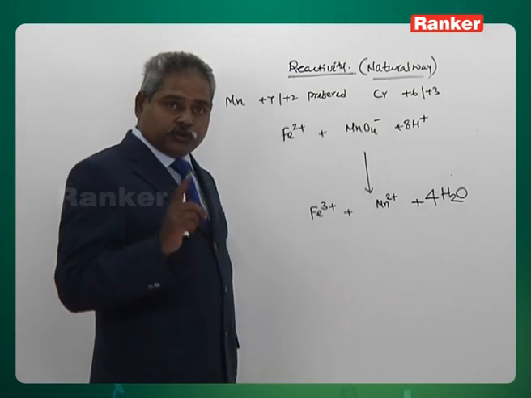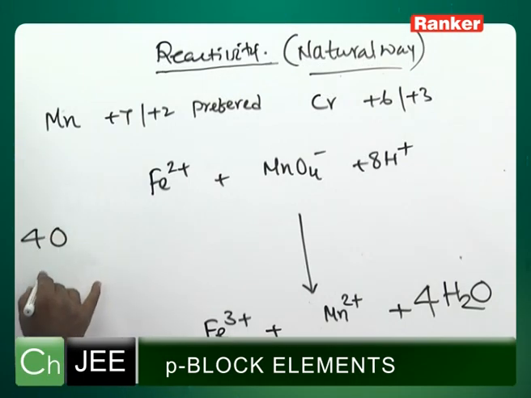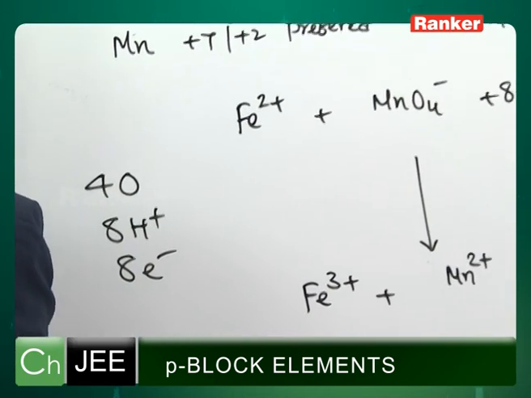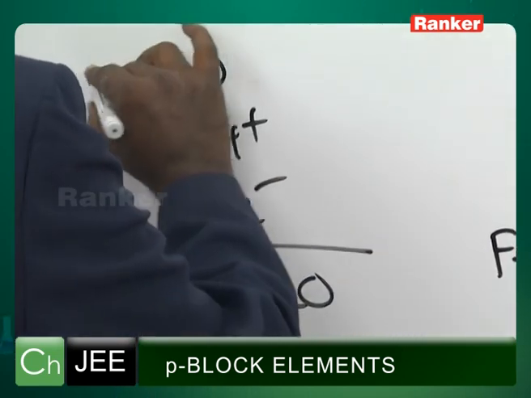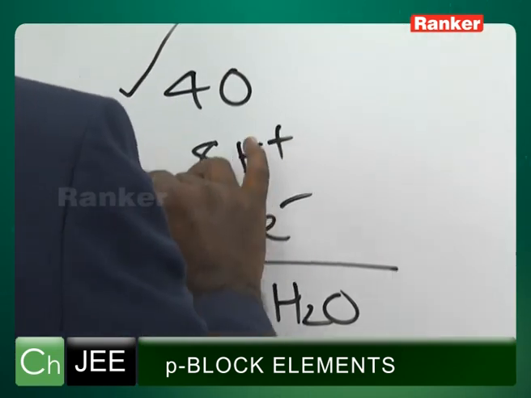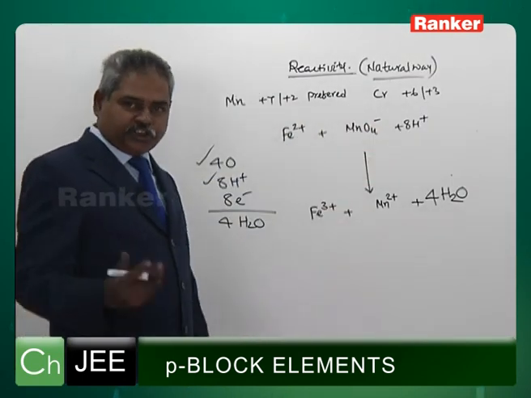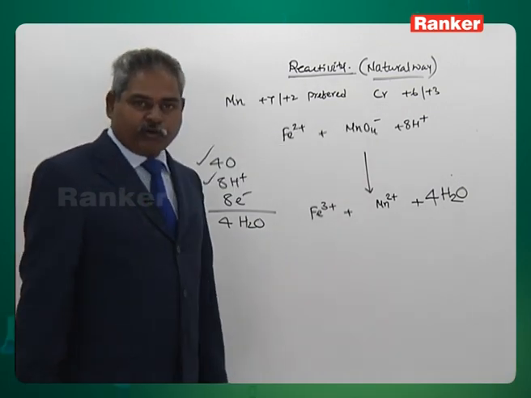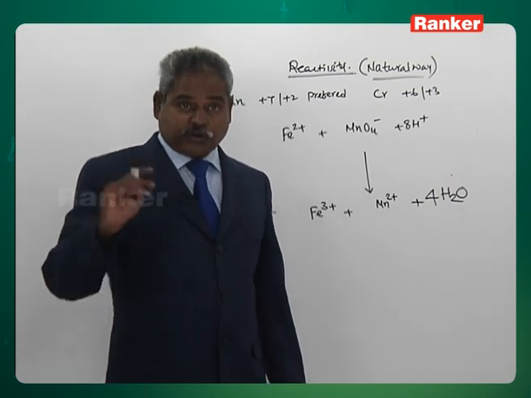So, these 4 oxygens indeed require 8 protons and 8 electrons, only then you get 4H2O. So, we have 4 oxygen atoms from permanganate, 8 protons. Okay, if you want 16 protons also I am ready to give. You take an acid, that can give 8 protons, for which you may have to take 4 H2SO4.